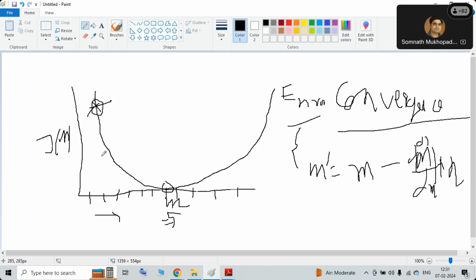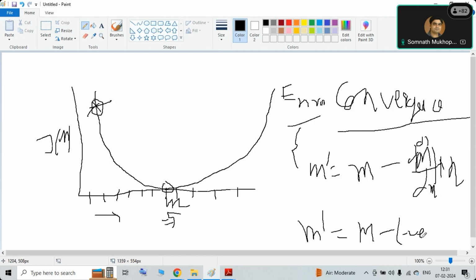If we start our search from here, we see that the gradient, the slope, is negative. As m increases, J(m) is decreasing, as we can see from our previous knowledge.